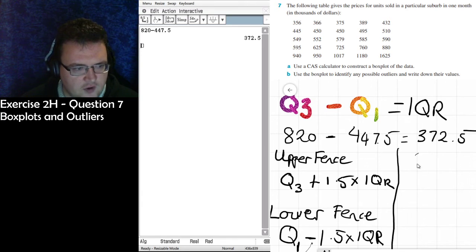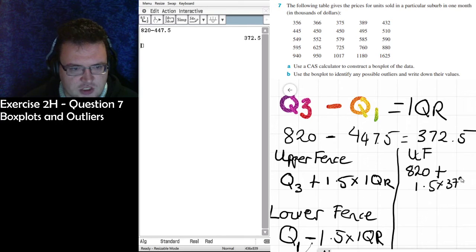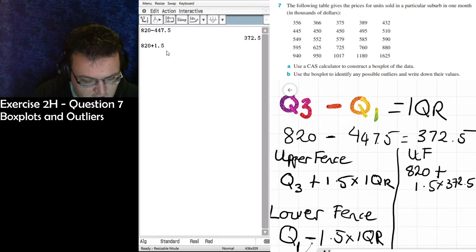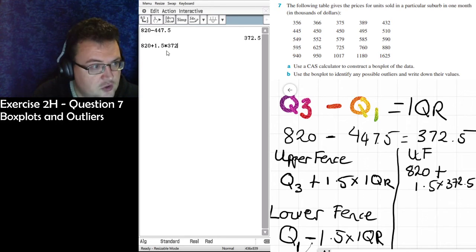So Q3 is going to be 820 plus, just remember we're working out the upper fence, 1.5 times 372.5, and we go back to our CAS. So that's 820 plus 1.5 times 372.5.